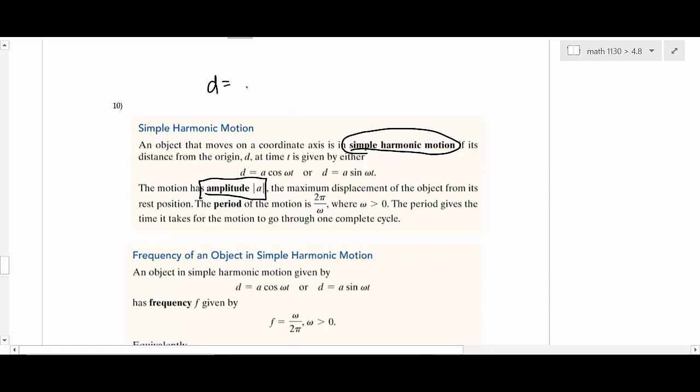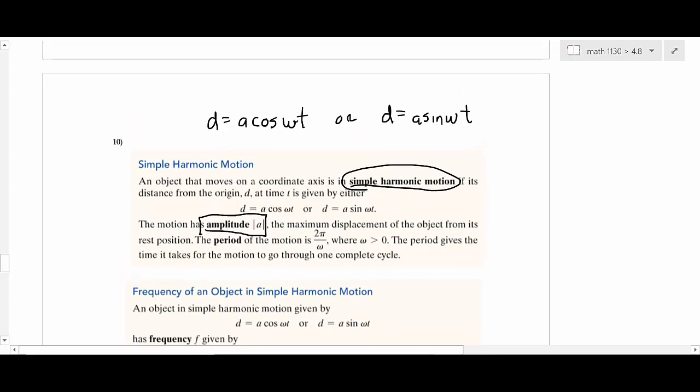In simple harmonic motion, we write either d equals a cosine omega t, or d equals a sine of omega t. The maximum displacement is the amplitude, so that value right there, that a, is just the maximum displacement.